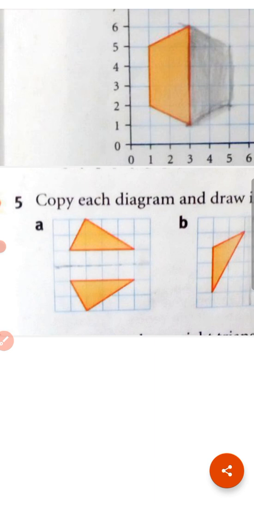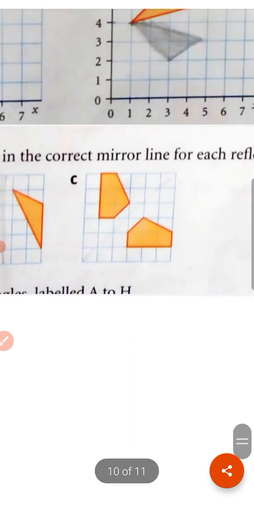Children, in this question, draw the correct mirror line for each reflection. Here this is the object, and this is the image.